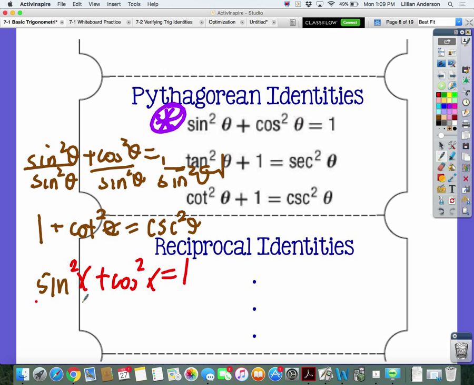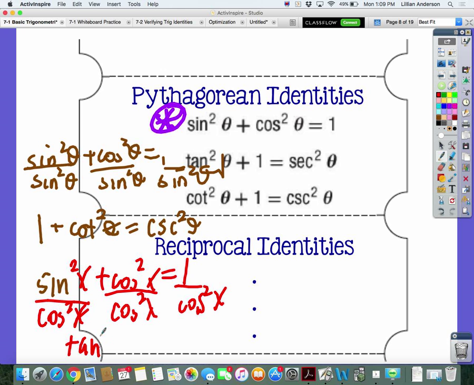So if I divide every single term by cosine squared x, sine squared x over cosine squared x is tangent squared x. Cosine squared x over cosine squared x is a 1, and then 1 over cosine squared x is secant squared x. So really and truly, you don't need to know all three, you just need to know the first one and how to recreate the other two.